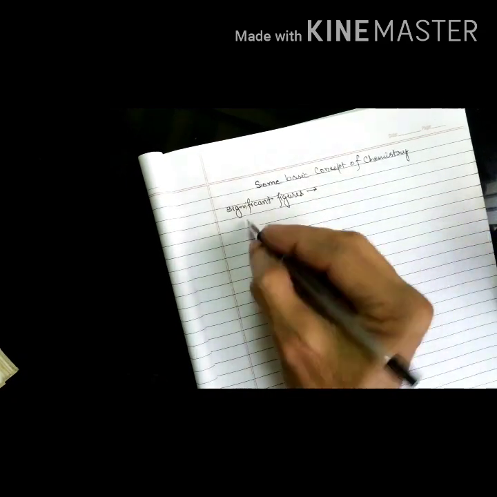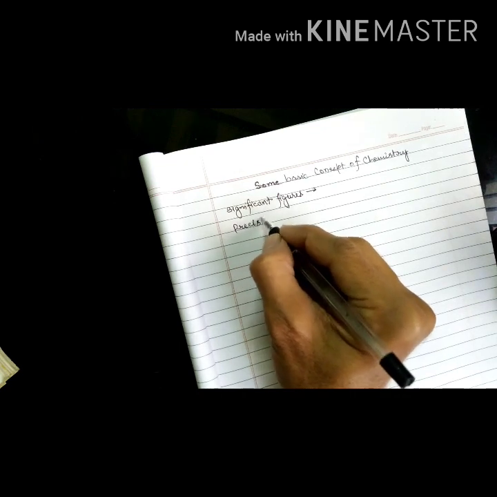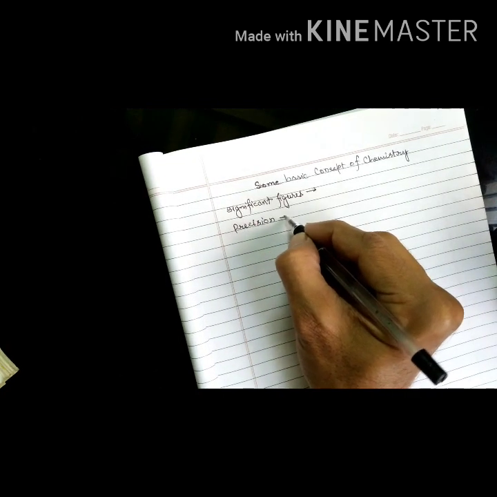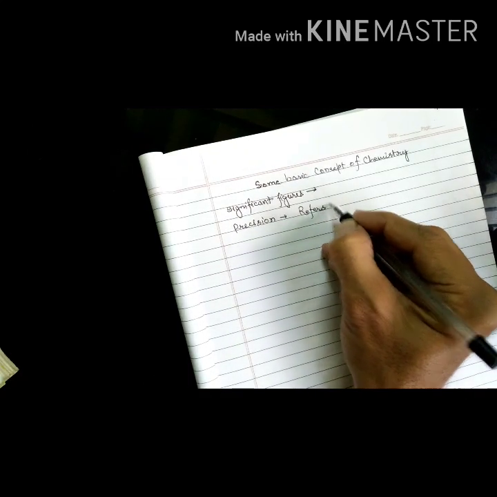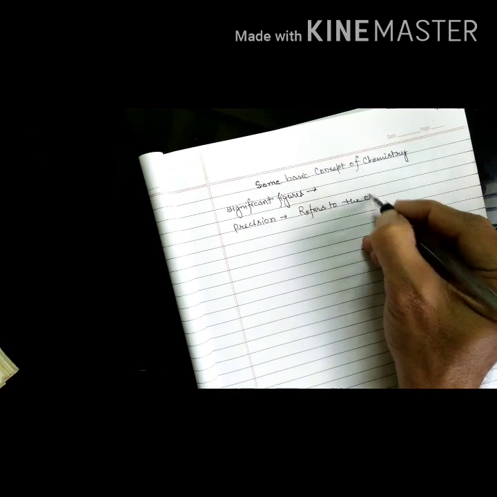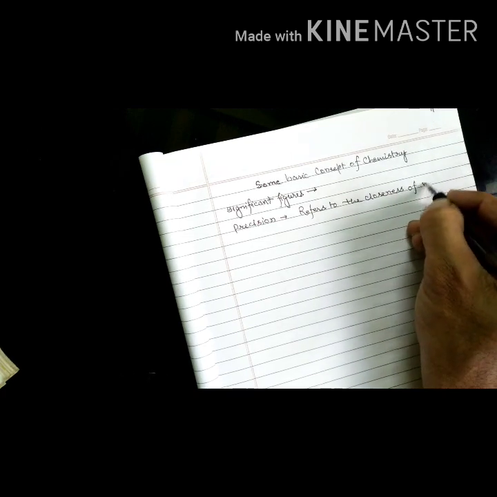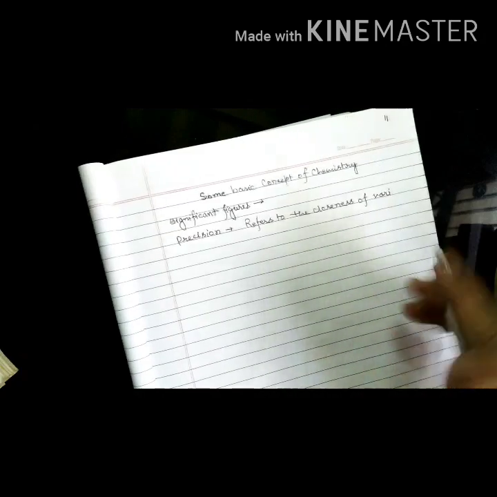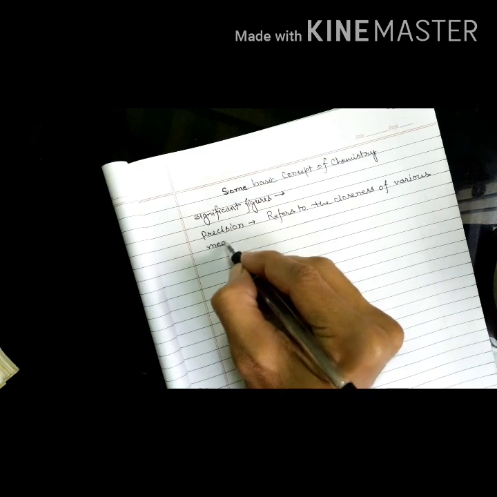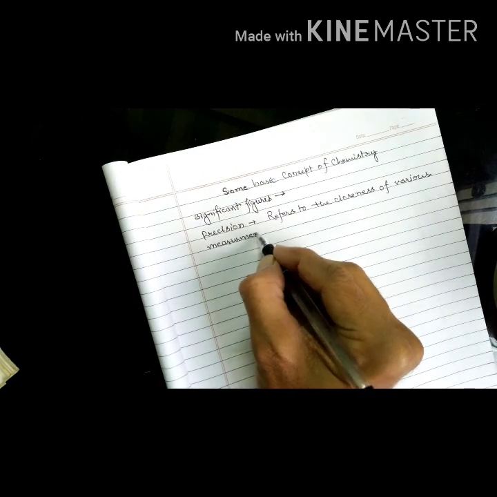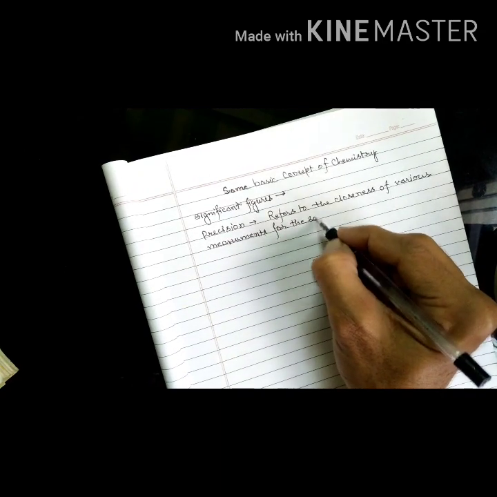There are two terms. First is called precision, that is precise value, and it refers to the closeness of various measurements for the same quantity.